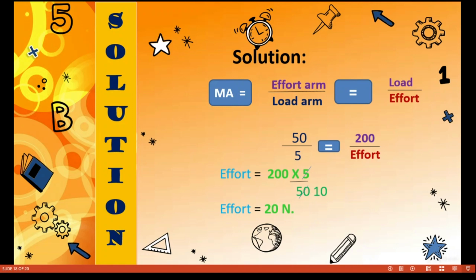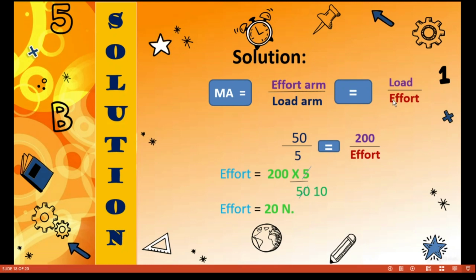Next you have to use the formula. As I said earlier, in the very first problem, the same formula is used here also, that is mechanical advantage is equal to effort arm by load arm is equal to load by effort. So effort arm 50, load arm 5, load 200.